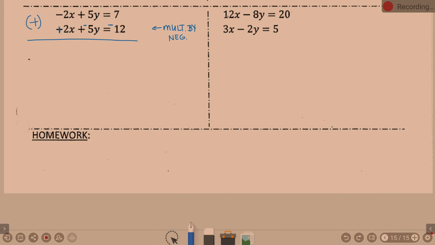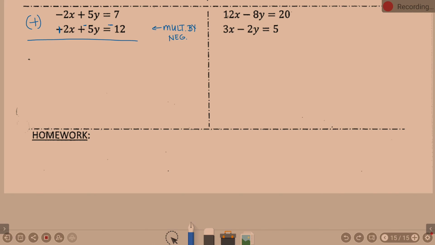And now let's add them and see what happens in this special case. Well, now you can pick it. What is negative 2x plus 2x? If I have a negative 2 and a positive 2, when I add those together, they cancel to be 0.